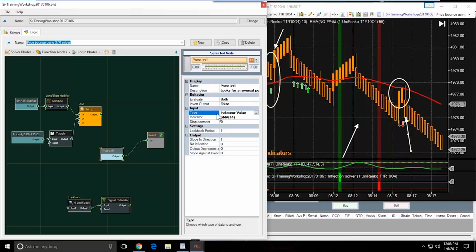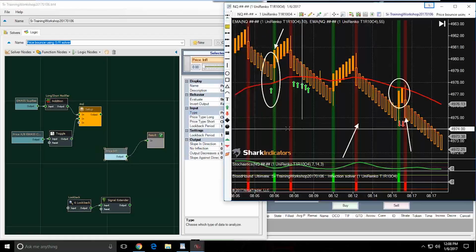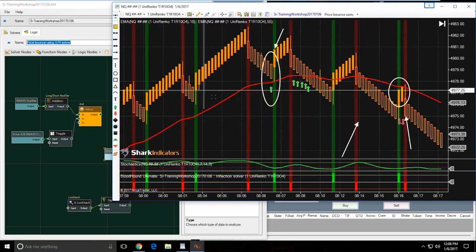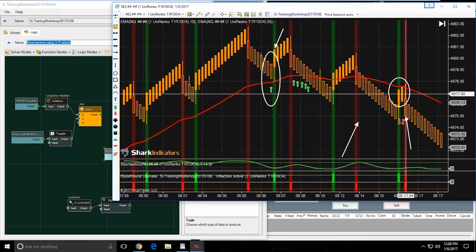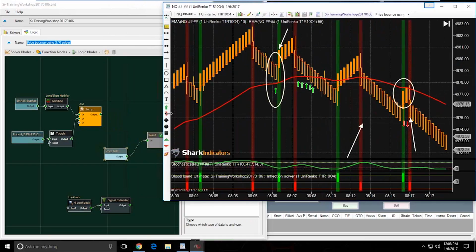So let's set our inflection solver up to look at price. We're going to set our input to price, like so. And there we go. Look, there's all of our reversal points identified.